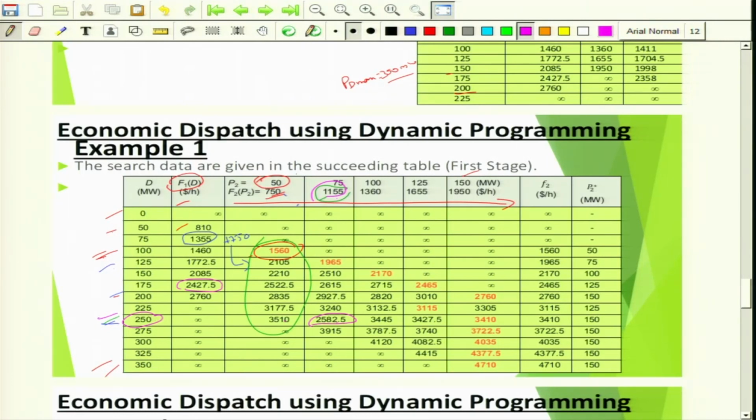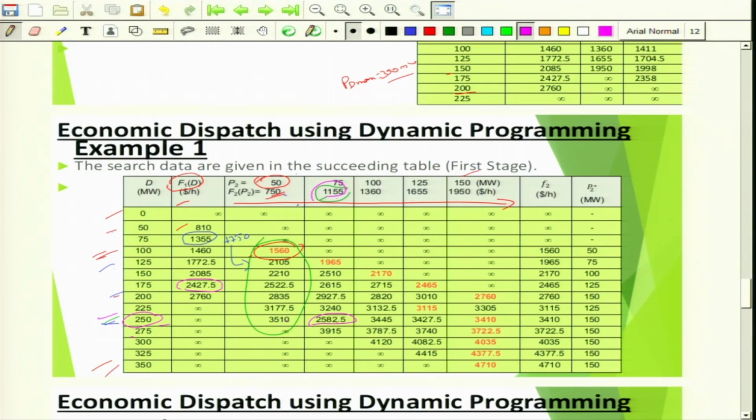Now you can see, you can go to the next level here. Earlier we stopped at 250 megawatt. When we fixed the generation of generator 2 as 50 megawatt, we could only reach up to 250 megawatt of demand. Now because you have enhanced the generation capacity of generator 2 from 50 megawatt to 75 megawatt, now you can provide an extra supply of 25 megawatt to the demand.